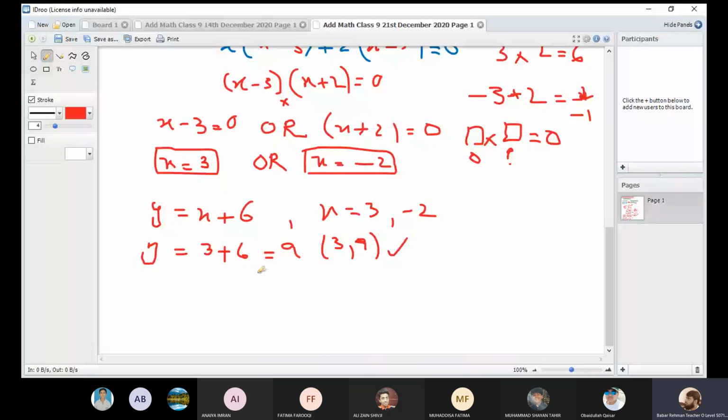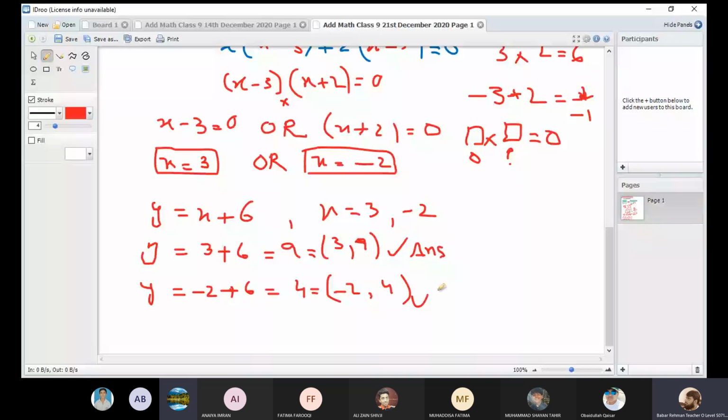Then when I substitute -2 instead of x, the value of y should be 4. And then I should have an answer like this: value of x is -2. First we write the x value and then y, that is 4. Students, this is my answer.